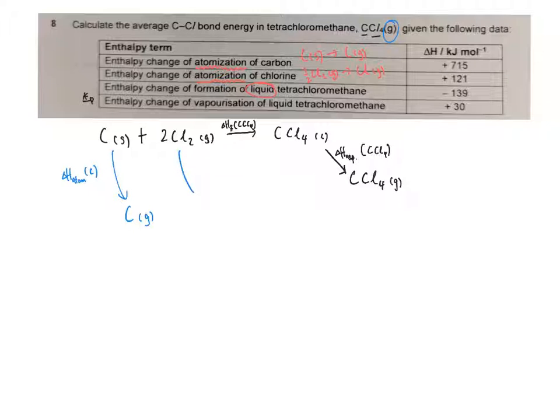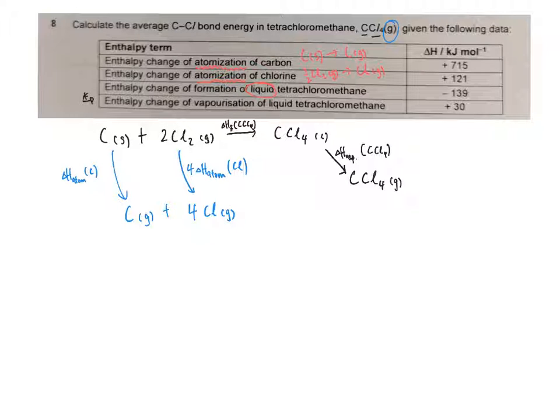And I have 2 moles of chlorine gas, and I sort of have the atomization of chlorine. That's cool. So I need to multiply that number by 4 because I'm forming 4 moles of chlorine atoms. Cool. So I have 4 times the delta H of atomization of chlorine.